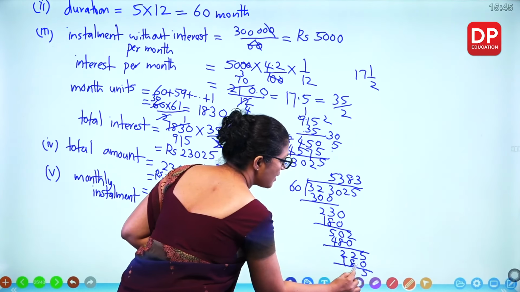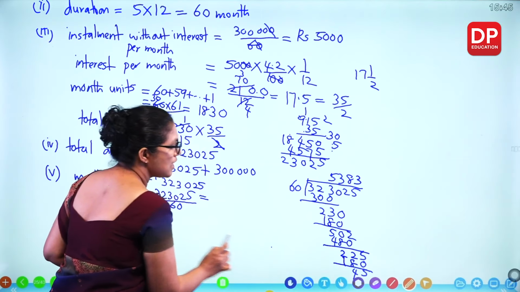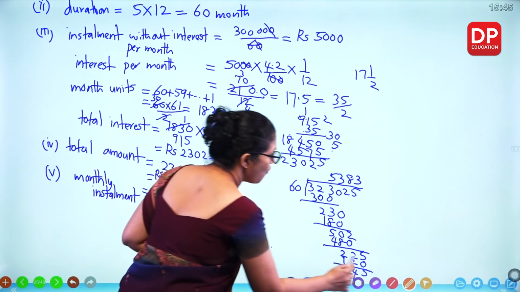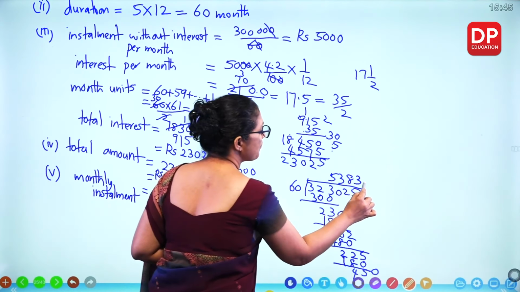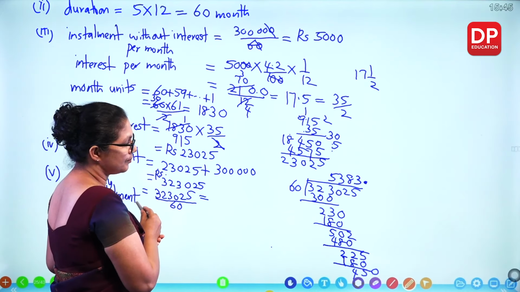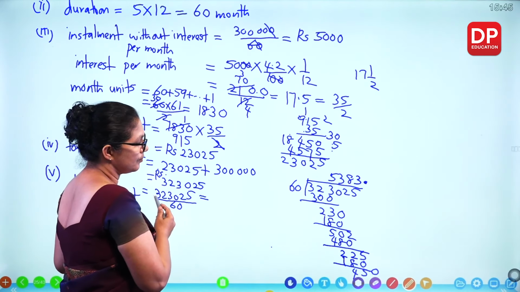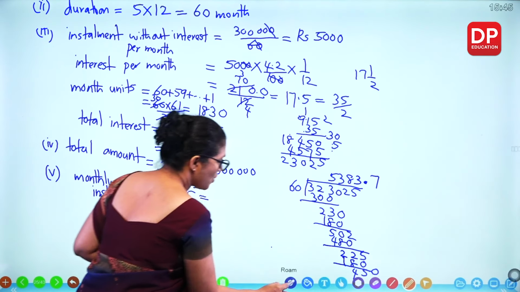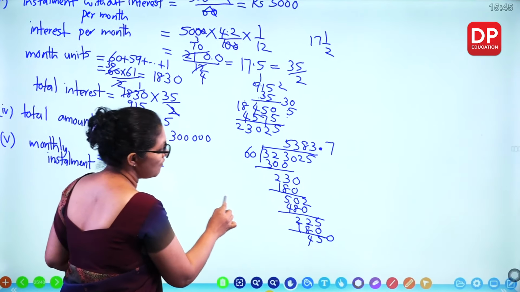So remaining 45 for 450. That's 7. So 420 there.